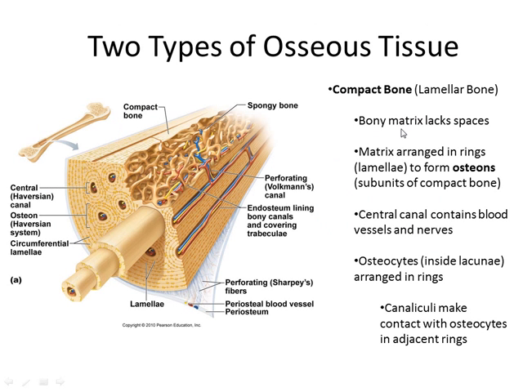This is compact bone. Compact bone is basically made of little tree rings, like little concentric rings. Each set of concentric rings is called an osteon. So you have this one inside of this one, inside of this one.